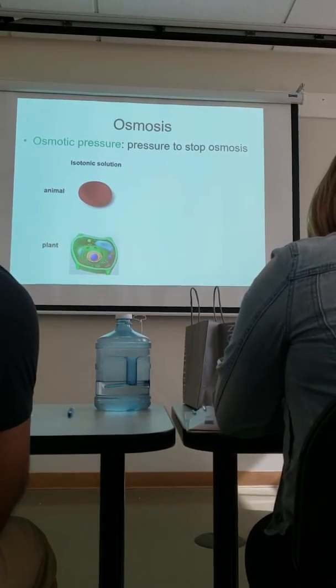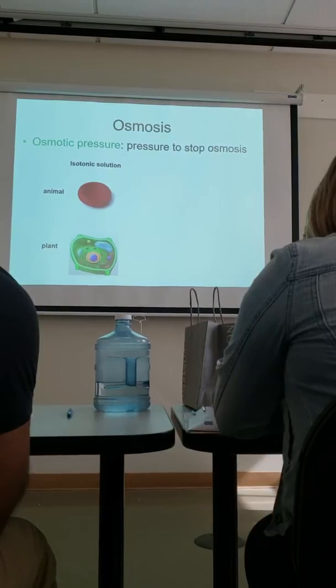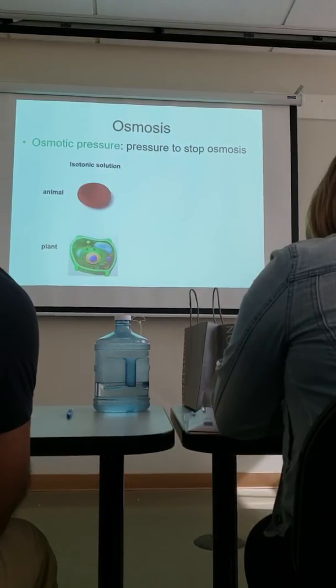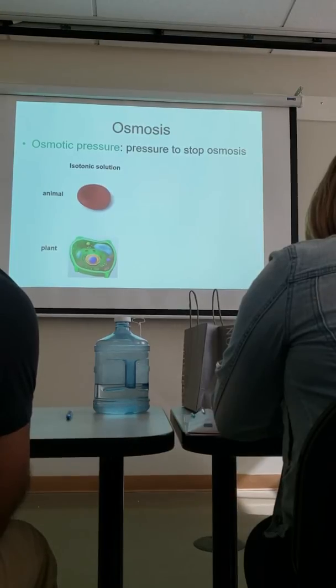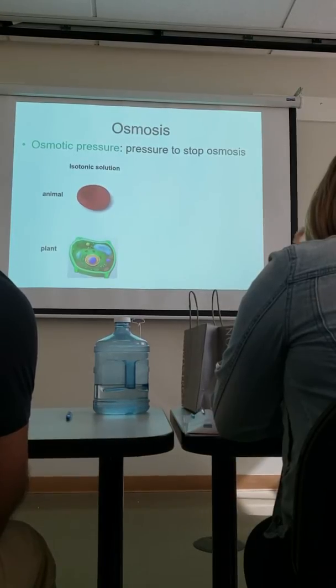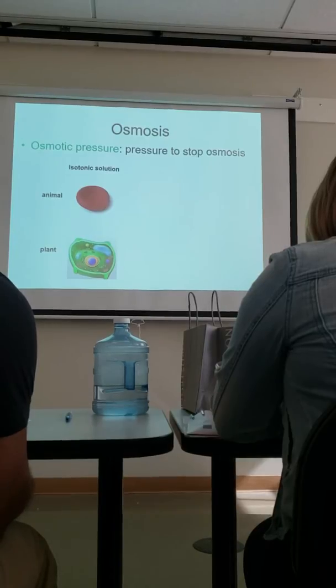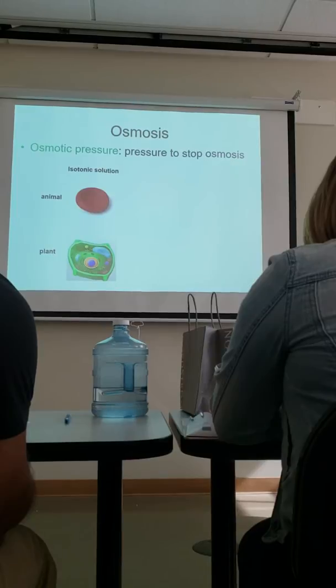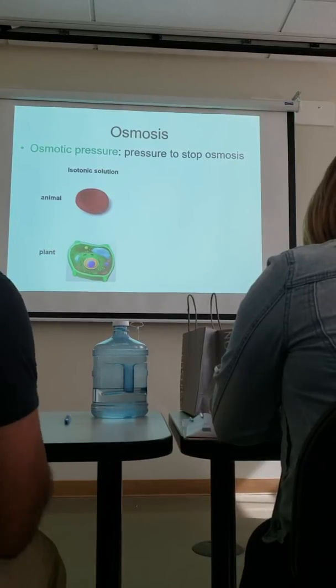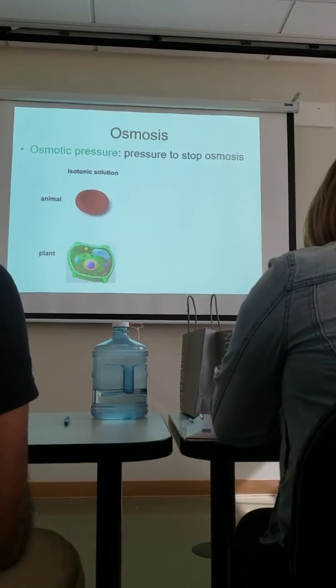That's the pressure from the cell membrane pushing in, and it's the pressure that actually stops osmosis at some point. The hope is that this pressure would be enough to stop osmosis before the cell actually bursts. Unfortunately, red blood cells can swell to a certain extent because they have this pressure, but if they swell too much, they're susceptible to bursting.